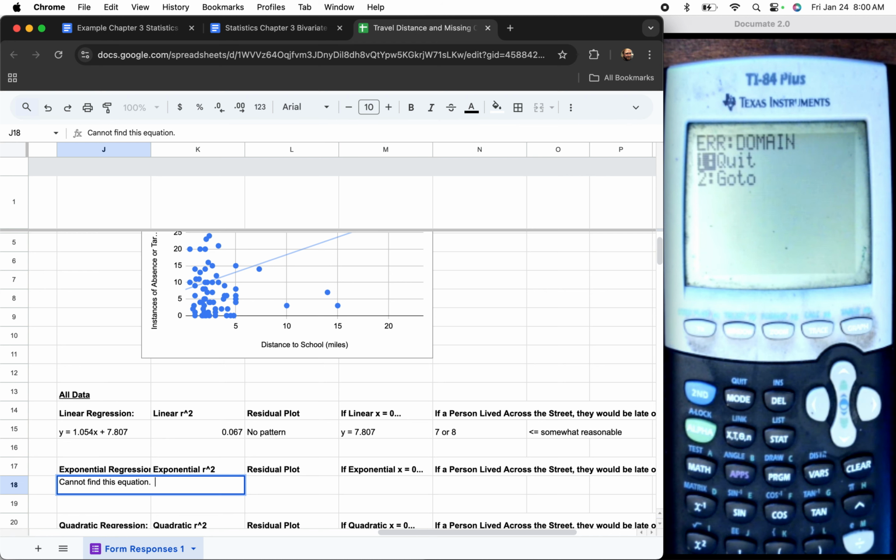And the mathematical reason for that is this would force me to take the logarithm of 0. So if you ever get a domain error from your exponential regression, just make sure that you say that this would force you to take the logarithm of 0. So this can't be our best equation since there is no equation.